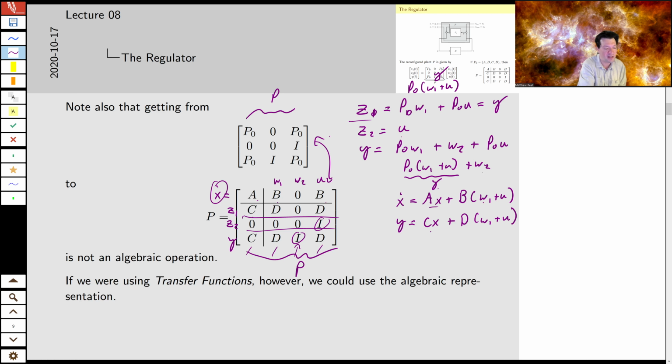You have to write down these signals and write down what they're equal to. For the tracking problem, that's actually a homework problem. Of course, if these were transfer functions, we could just write down the aggregate transfer function, but then there'd be all sorts of repeated poles, and that wouldn't actually help us that much.